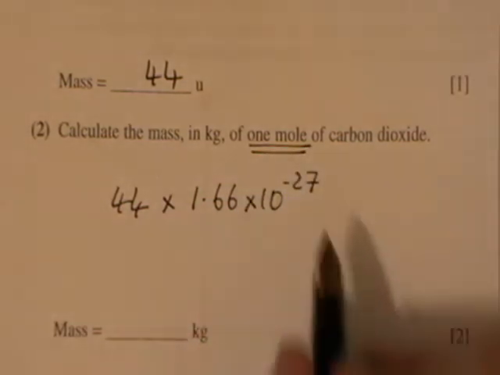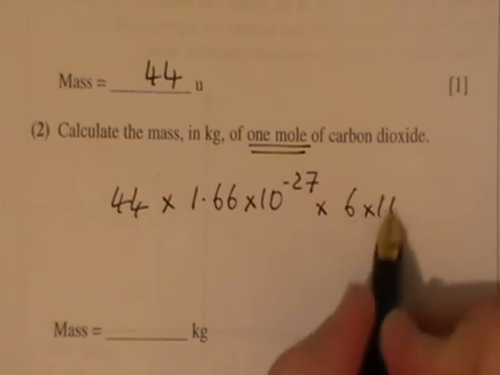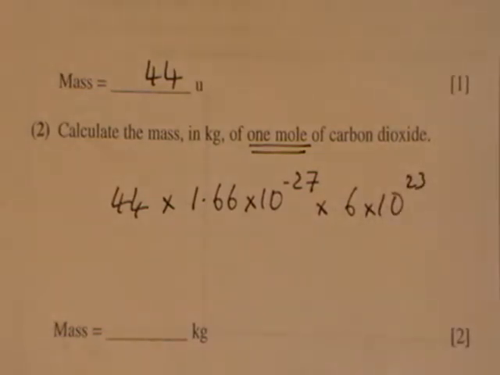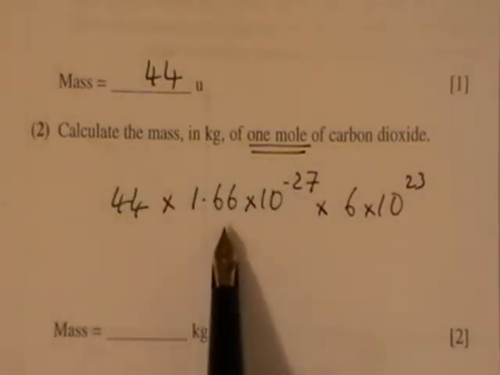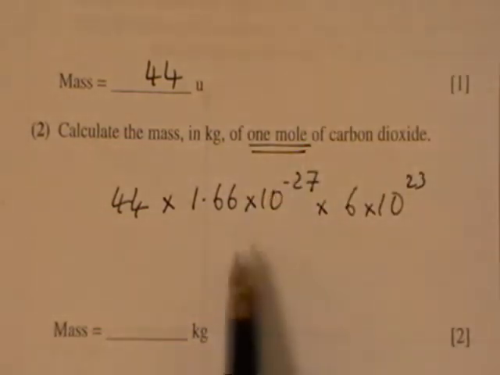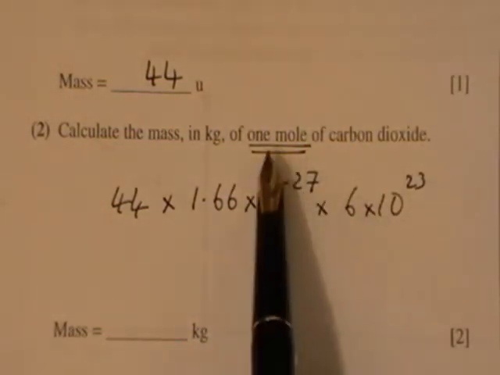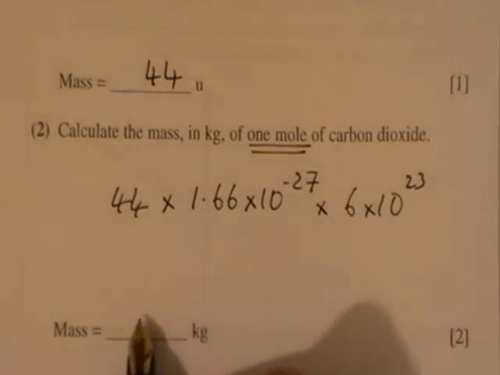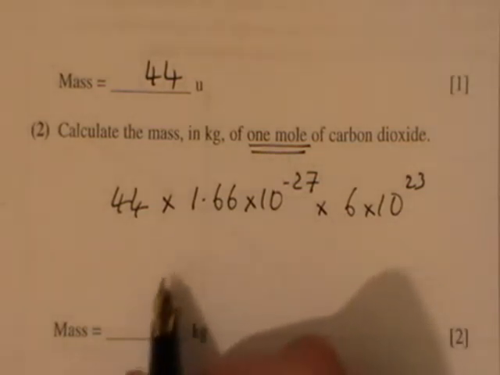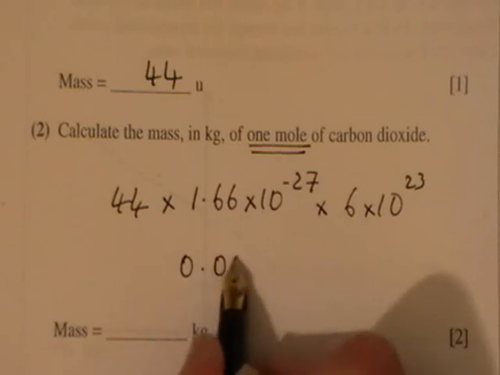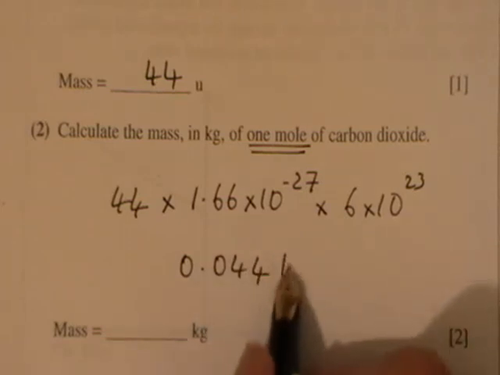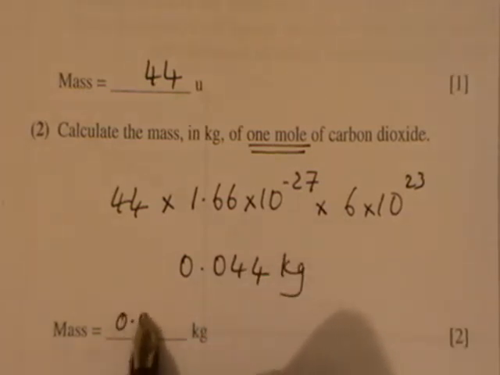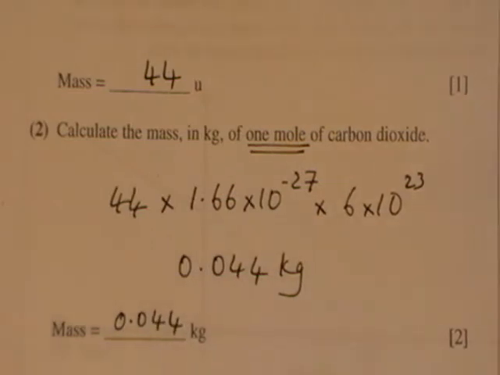For 1 mole then, we need to multiply that by 6 times 10 to the 23 to get 1 mole. So this is the mass of 1 molecule of carbon dioxide, multiplied by the number of molecules to give us 1 mole, and that turns out to be 0.044 kilograms.